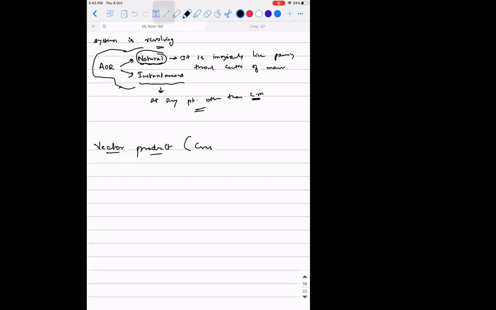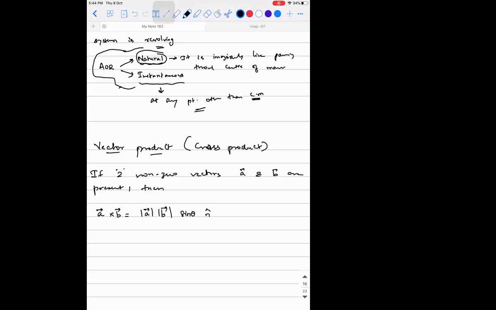So vector product is also known as cross product. So what do you mean by vector product? Observe. If two non-zero vectors, A vector and B vector, are present, then A vector cross B vector is given as magnitude of A vector into magnitude of B vector into sine theta n cap. So this you already know, right?